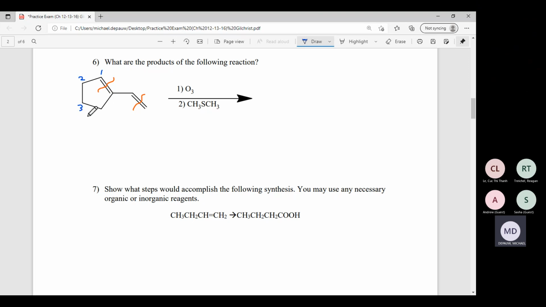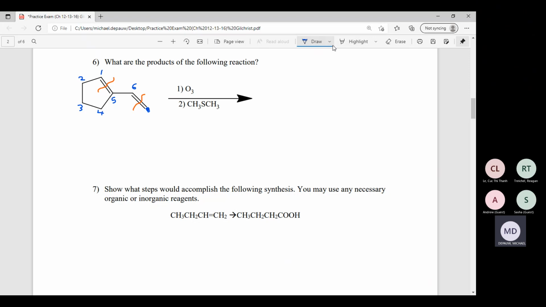1, 2, 3, 4, 5, and then I'm going to keep going over here, 6. So I see I have a 6 carbon chain, but then I also have this 1 carbon that's all cut out by itself. So this gives me a 6 carbon chain and then a 1 carbon group that's all out by itself.